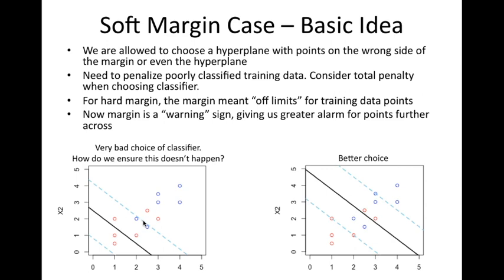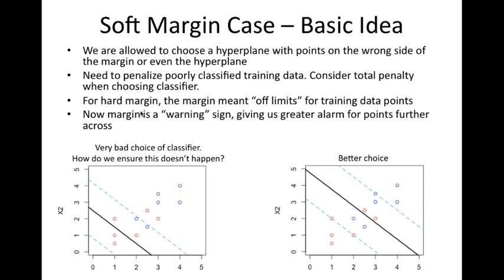So we need to figure out some way of introducing constraints on this so that that doesn't happen. So we want to penalize the poorly classified training data, like in this case. And then we want to consider the total penalty when we're picking which type of classifier to use.